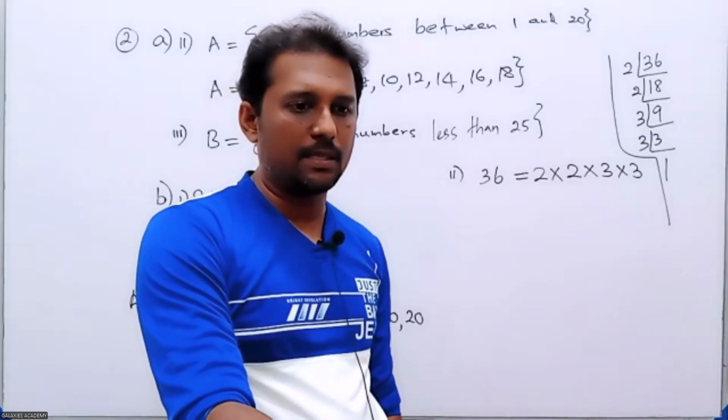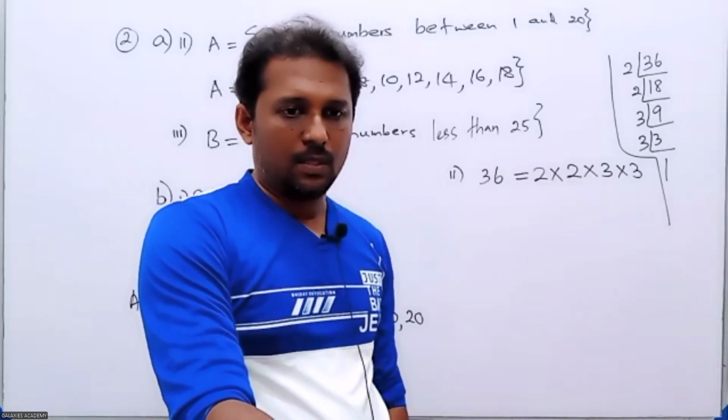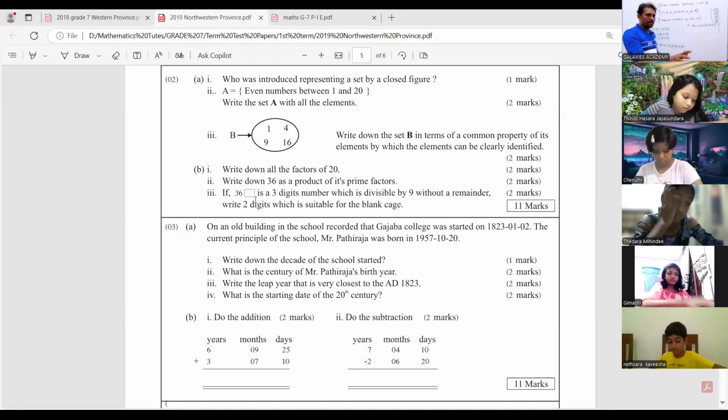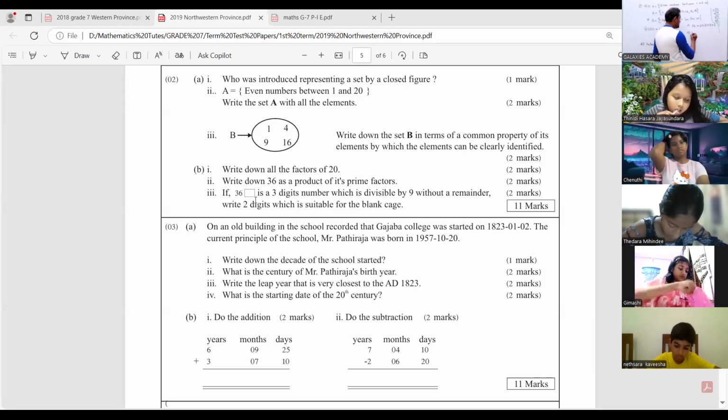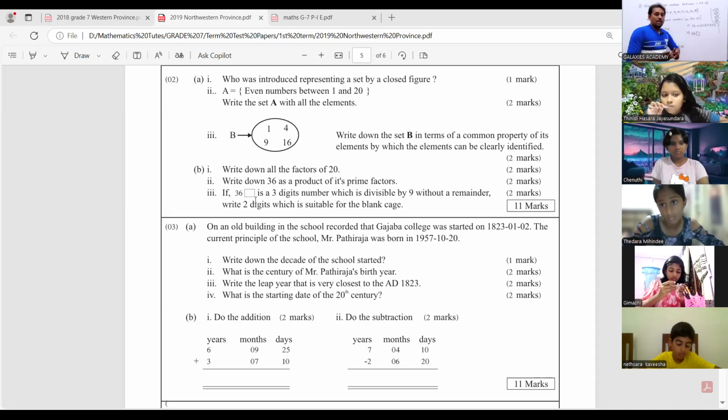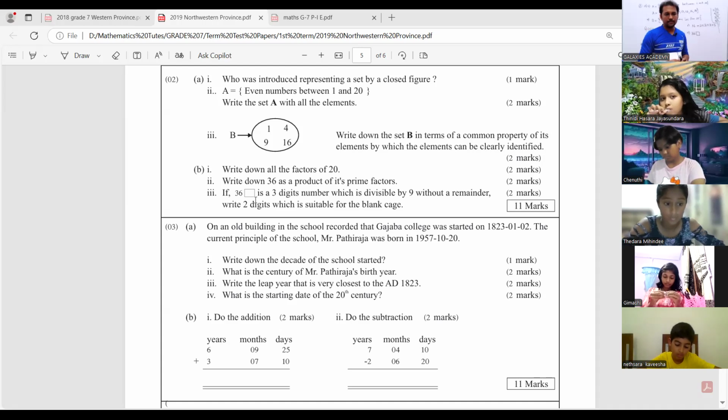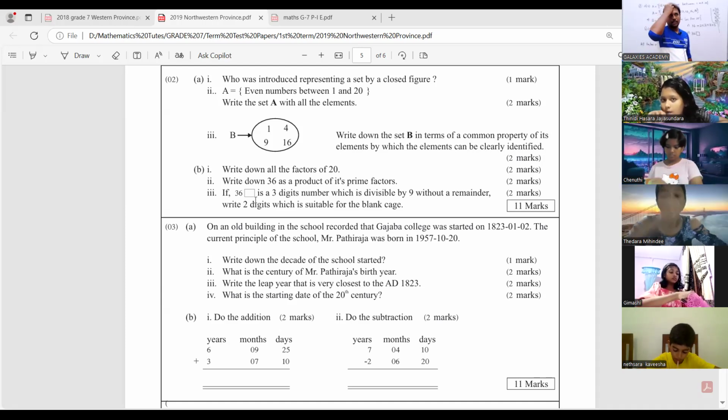What is the last part given? If 360, the last digit is not given, we don't know what the digit is here, is a 3-digit number which is divisible by 9 without a remainder. Write 2 digits which are suitable for the blank cage. Right. Now revise the knowledge.